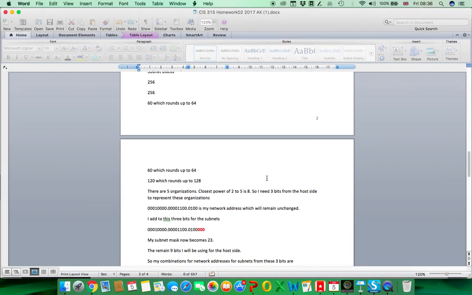But in this case, we're having 5 subnets we need. Now we can't take 2 bits because it's too less. So we go for the next, which is 3 bits. And in 3 bits, you can actually allocate 8 subnets.